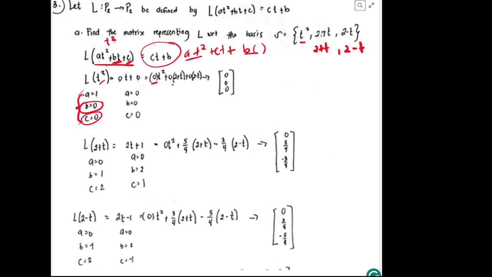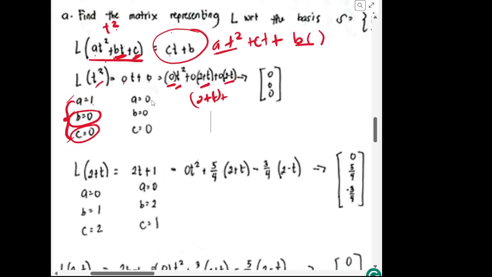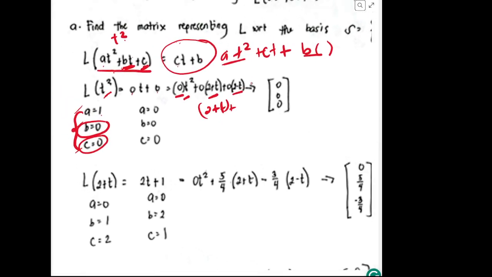Okay. Again, ang basis na to, no? We have t squared, 2 plus t, and 2 minus t. Zoom in ko lang. 2 plus t. This is 2 minus t.